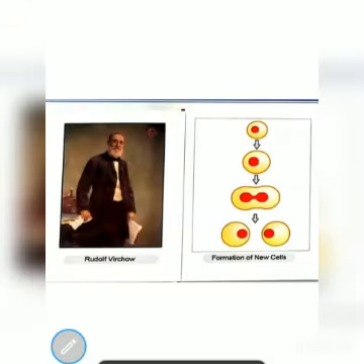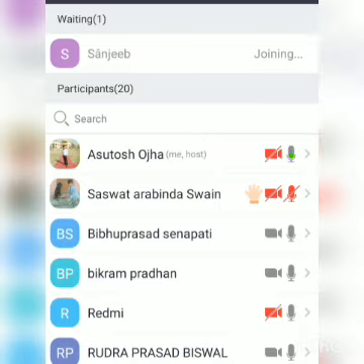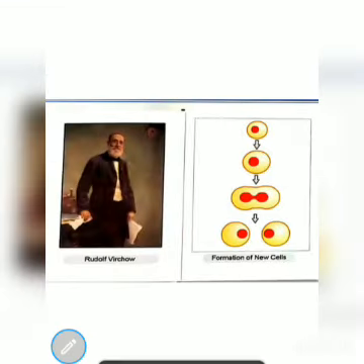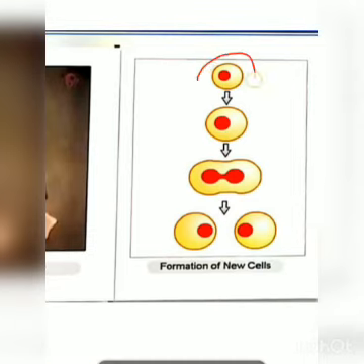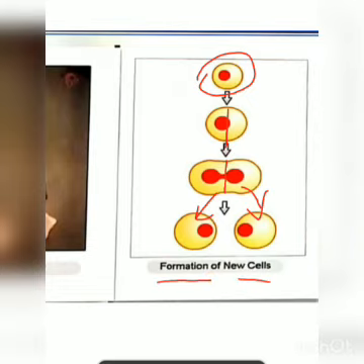Here, this cell is the mother cell, and during cell division it divides into two daughter cells, forming new cells. This process occurs in living cells.